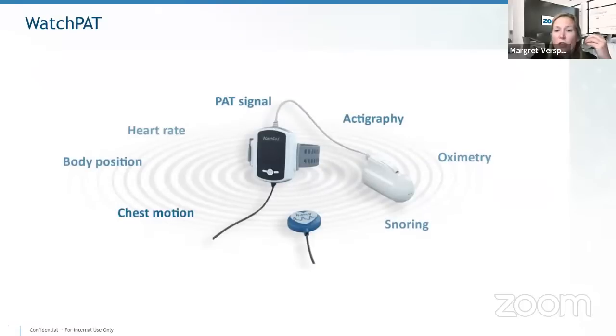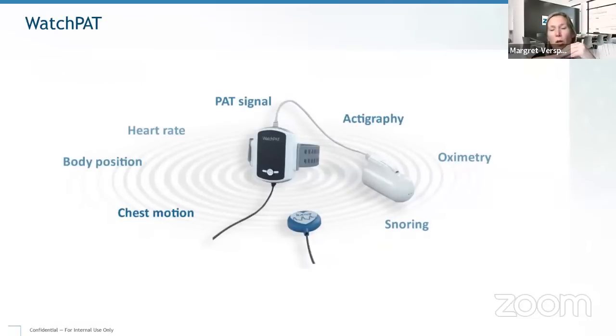It's a reflection of the sympathetic activation. It measures the blood flow through the arteries. So the heart is pumping blood, and we are measuring the heart rate also. You measure in the finger the beat-to-beat heart rate.